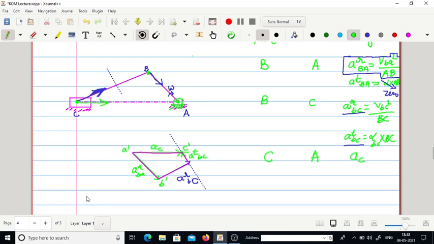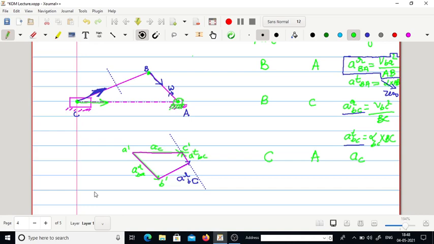he states that in order to get the acceleration diagram by using Klein's method, we need to rotate this particular acceleration diagram by 180 degrees.